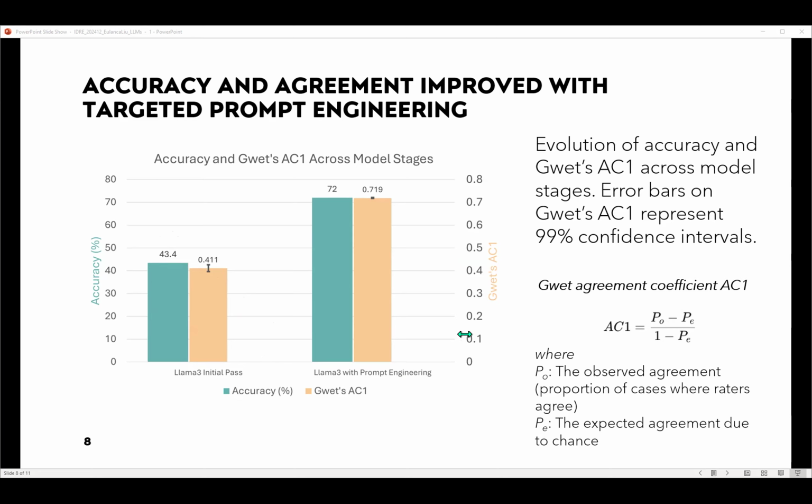Then on subsequent passes with prompt engineering, so essentially being able to give feedback to the model on types of phrases or findings to categorize into each of these conditions, we were able to see an improvement in accuracy to 72% with an AC1 value of 0.719.